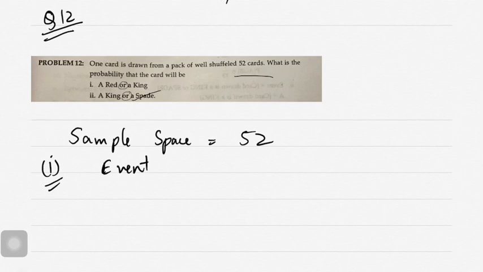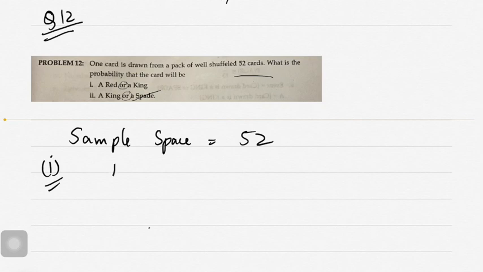The probability that the card will be a red or a king.